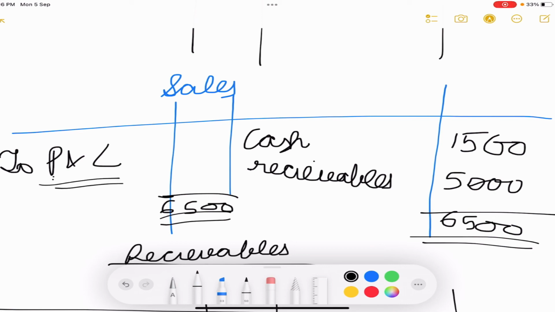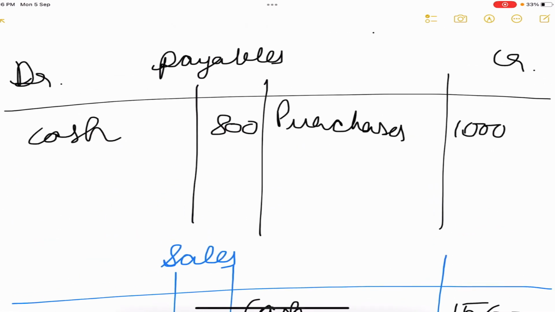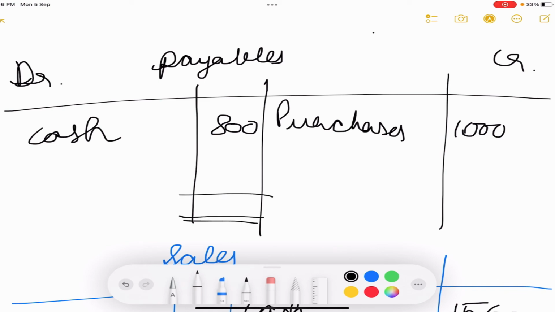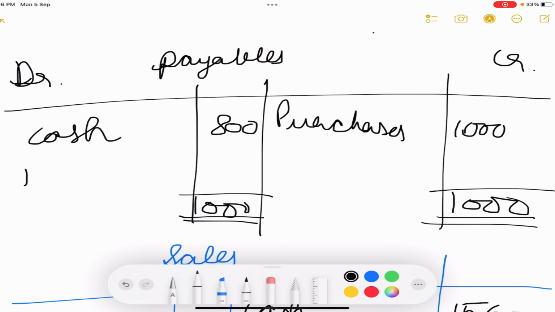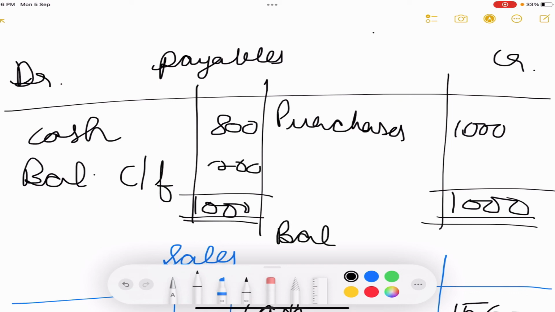Because it is involved in the day-to-day activity, right? Moving on, we have payables. Is payables involved in the day-to-day business activity? No. So we are just not going to do anything like that with payables. We are just going to write balance CF, and we have 200, and then you diagonally bring it down here, which is balance brought forward, which is 200.